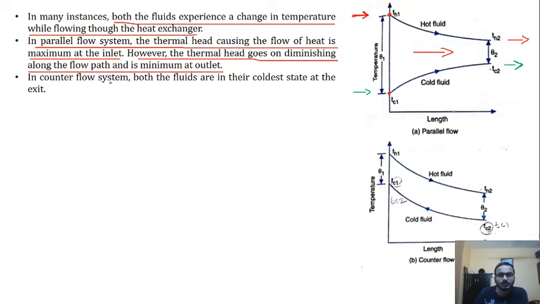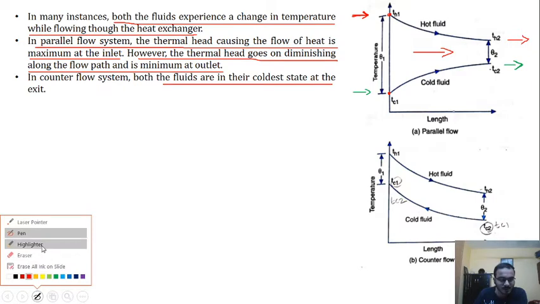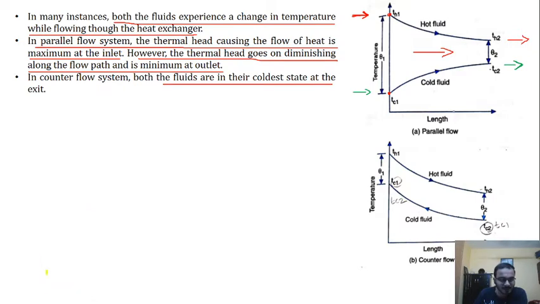Now in counter flow system, both fluids are at their coldest state at the exits. Now let's see this. First of all, there is some mistake over here that I need to eliminate. Printing mistake is there, that we will not count. This is here, it will be TC1 and here it will be TC2.